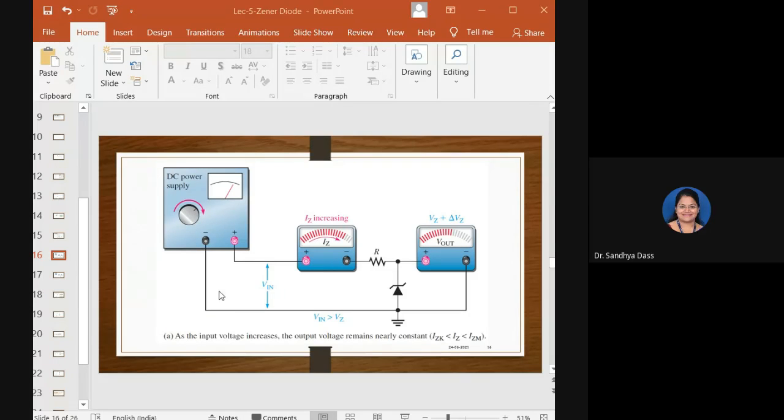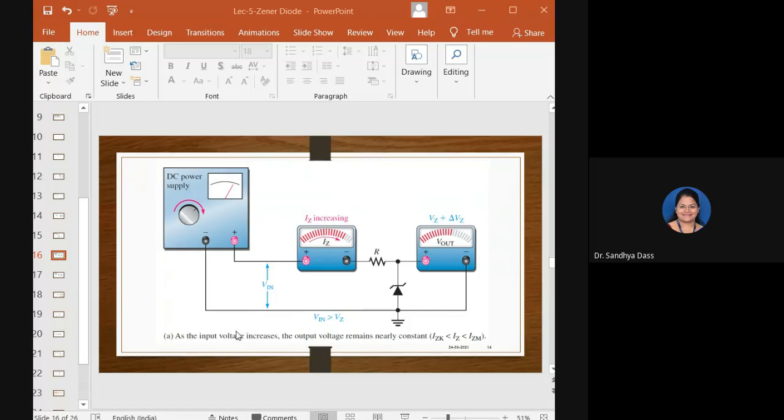If Vin is greater than Vz, the Zener voltage at which the Zener enters the Zener breakdown region and starts conducting, please note the point, then a constant voltage, Vz, will be seen across the terminals of the Zener diode.